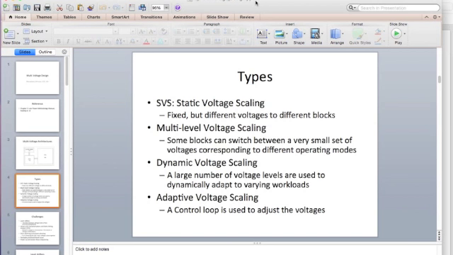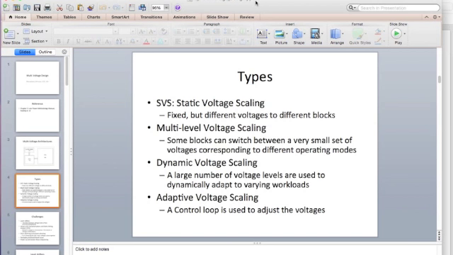So when we come down to voltage scaling, what are the different techniques for changing or scaling the voltages? The first is static voltage scaling, where during design time you decide a priori that you're going to have certain fixed voltages for different blocks, and you arrive at those numbers based on analysis of power versus performance.